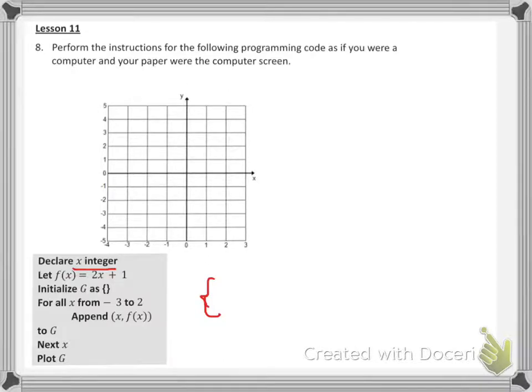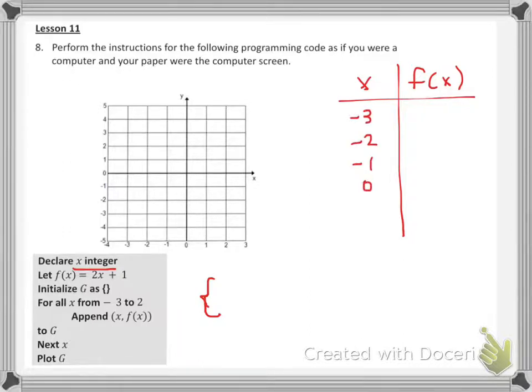So my x values are going to be -3. Let me make myself a table so I can keep track of these. Right, my x values are going to be -3, -2, -1, 0, 1, and 2. And I'm going to add to the set the ordered pairs that are produced.